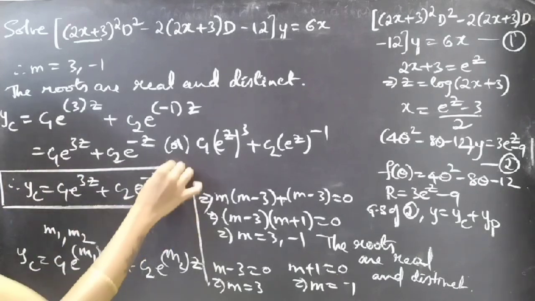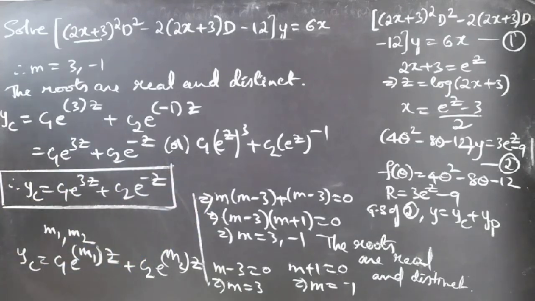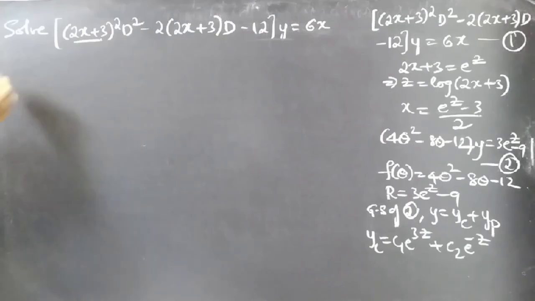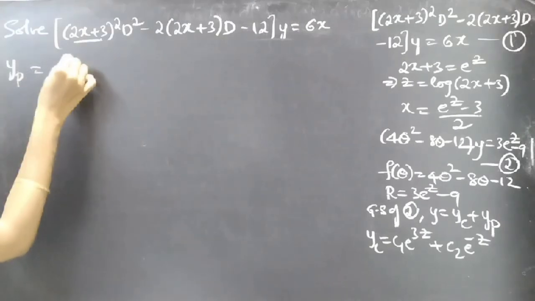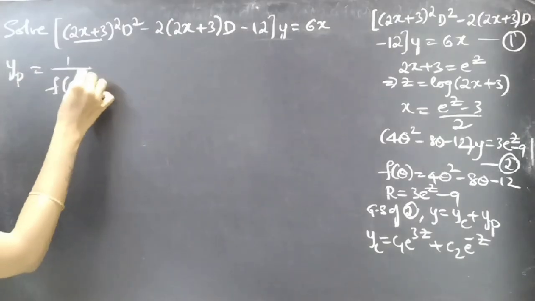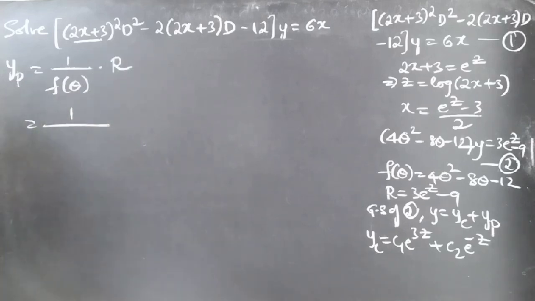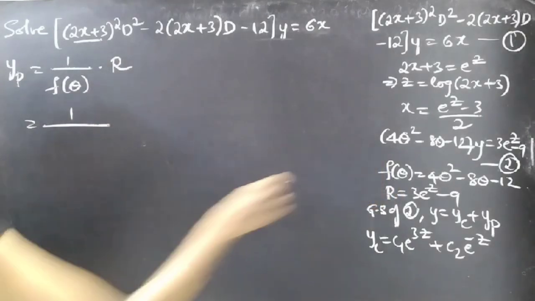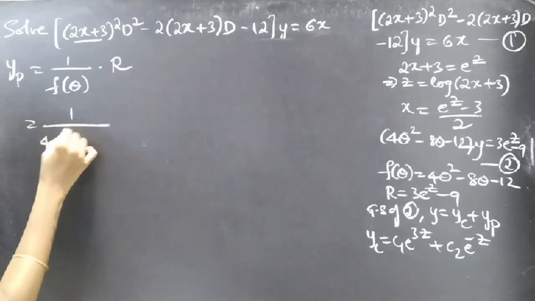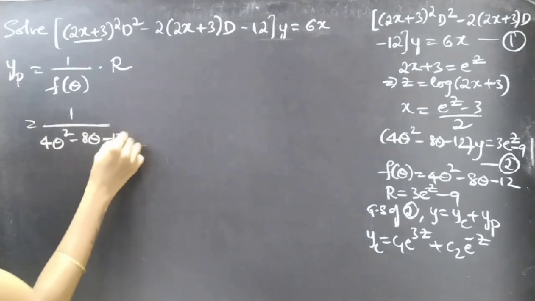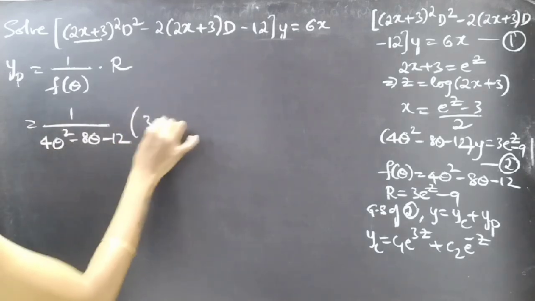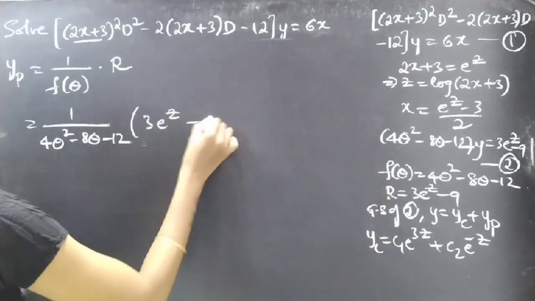Now coming to yp. Yp is given by 1 by f of theta into the RHS part, which is the RHS part of equation 2. Here f of theta is 4 theta square minus 8 theta minus 12 and R is 3 e power z minus 9, right?